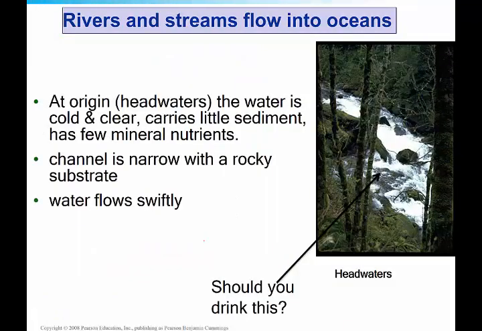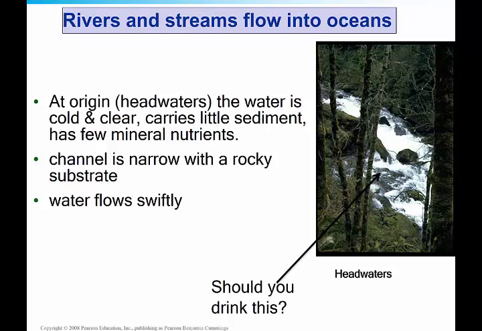Okay, so most of the water on Earth is in the ocean, but most of the fresh water we use is on the land. So where are some of the places on land that we find water? Well, the water rains in the mountains or snows in the mountains, and then it forms a river.